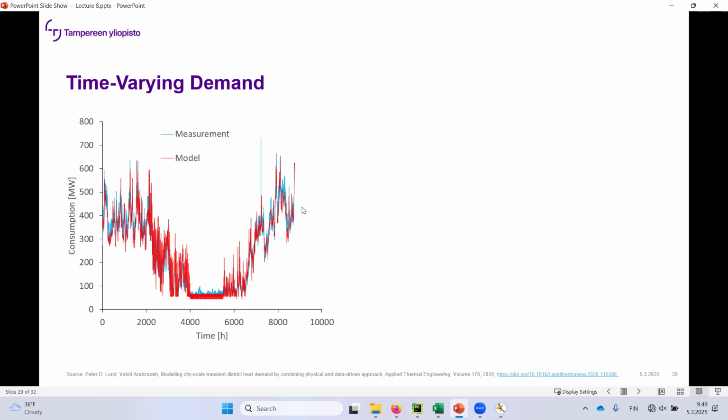Or actually, it's also during the whole year, but that's where it was extracted from. So we made this fit for the hot water consumption. And then during the other hours of the year, it was outdoor temperature driven. So there was this physical model.